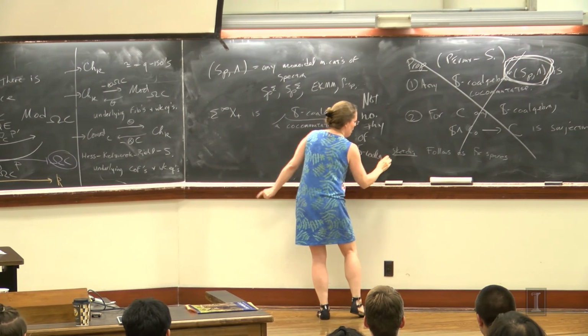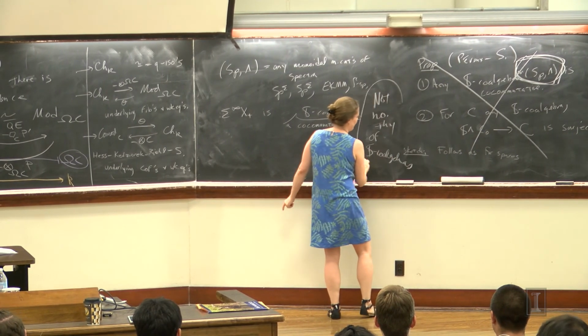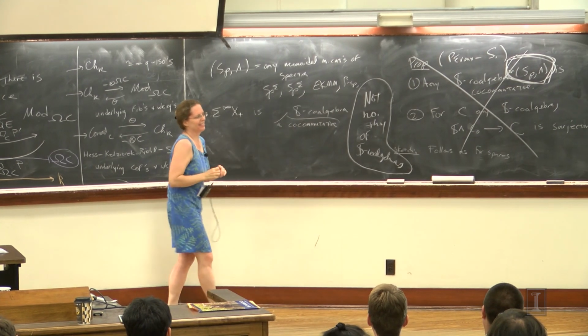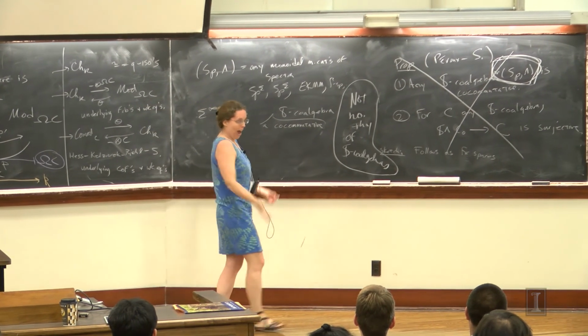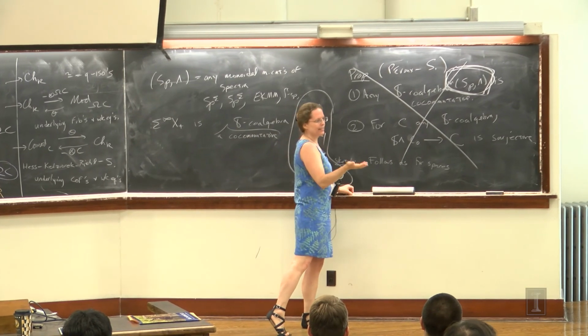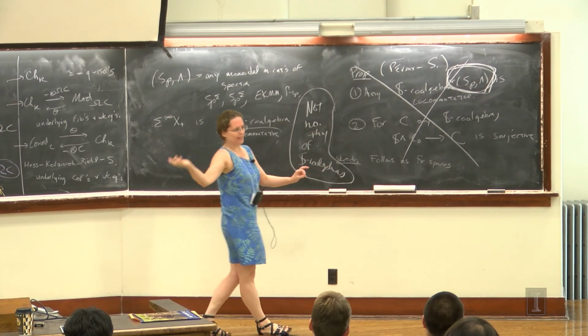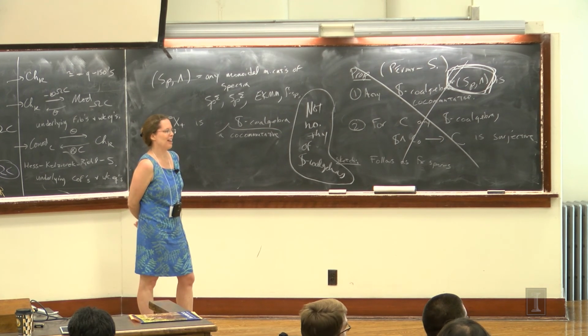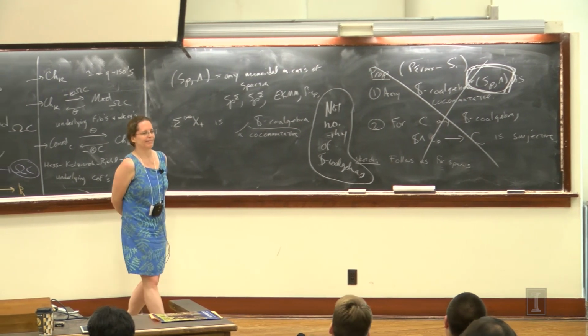OK, these are bad categories for coalgebras. OK, so no, I think that there are S coalgebras, for example, the Spanier-Whitehead dual of a connective algebra. Right, right.